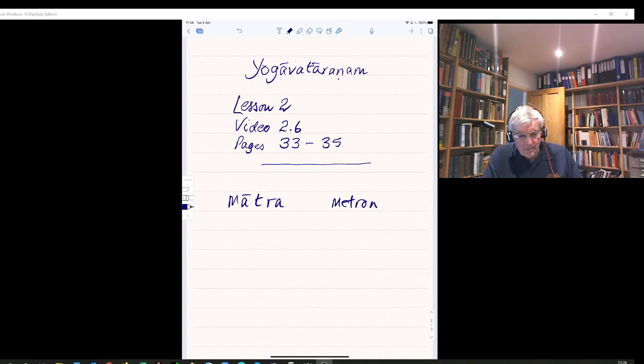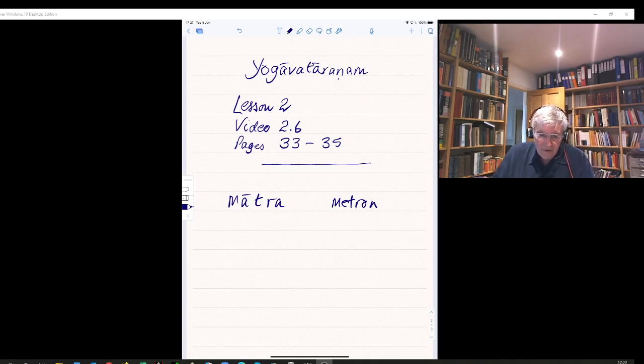So back to the text. The meter of a verse is categorized according to the number of syllables per pada, or quarter. The meaning of this is that verses typically are 2 lines, each of 16 syllables, with a break or caesura, as it's said in Latin, a breaking or a cut in the middle.